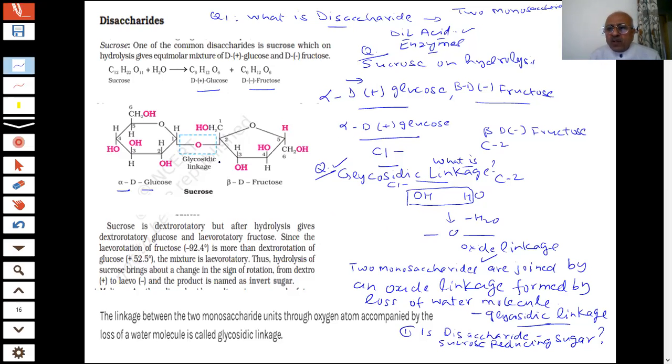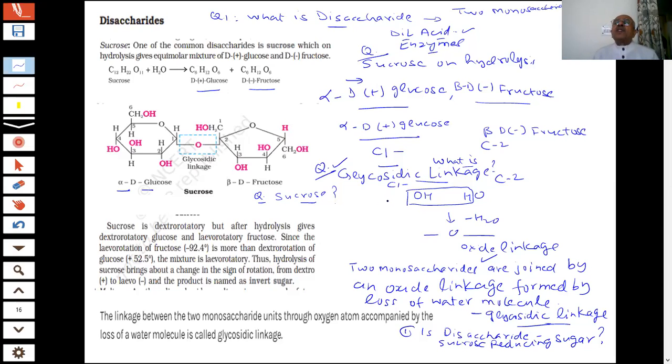And important point to note down is this question: is it a reducing sugar or not? Now, this is an important question. Sucrose, what is the meaning of a reducing sugar? I told you there are two types of sugar, reducing and non-reducing. Reducing sugars are those which will give the positive test, the test of the free aldehyde group.